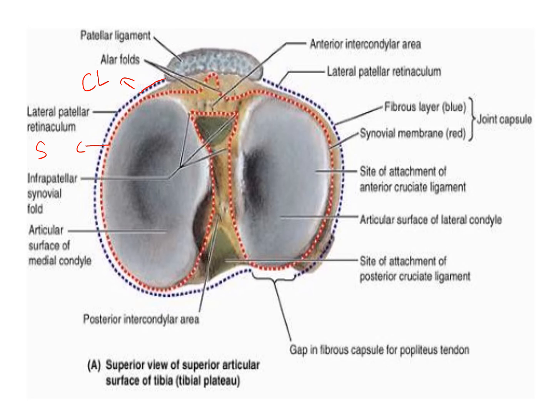So let us trace the synovial membrane. This is the attachment of the synovial membrane on the inner aspect of the capsule. If you observe here, this is the anterior aspect, this is the posterior aspect. So we saw that there was an anterior cruciate ligament here, posterior cruciate ligament here.